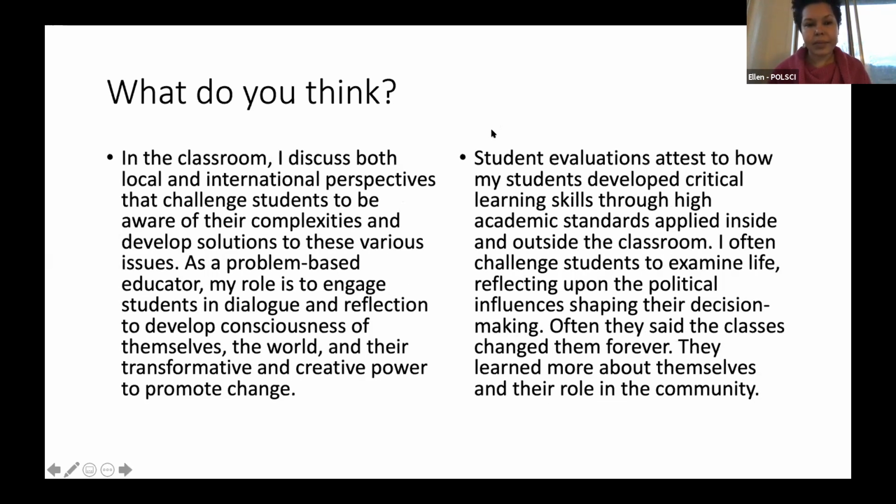Other examples here is, instead of saying, oh, I discuss both local and international perspectives, say specifically what topics you brought to the classroom, or mention students were able to identify X number of social issues out of this example.